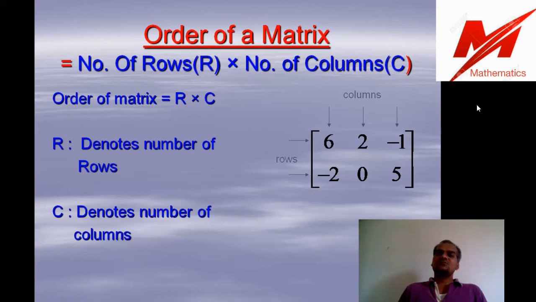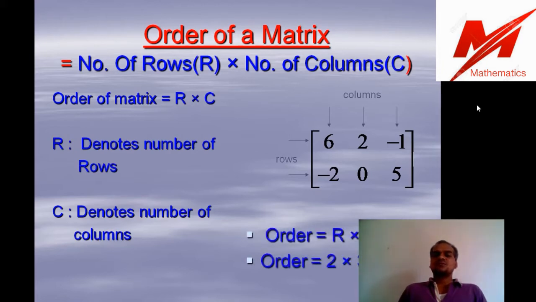So in this matrix we have two rows and three columns. The order of a matrix, as we know, is R by C. So two rows and three columns, the order of this matrix is 2 by 3. It is read as 2 by 3. Now we see some examples regarding the order of a matrix also.